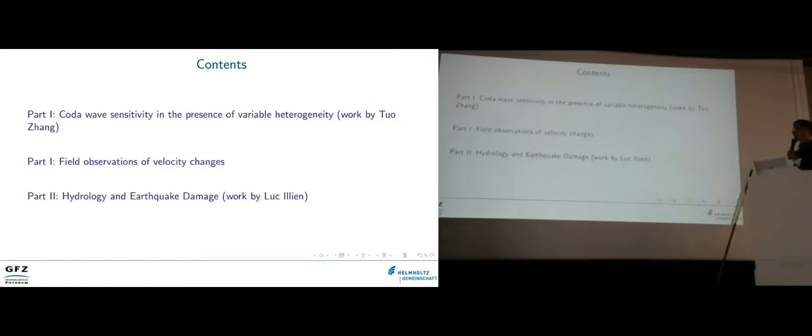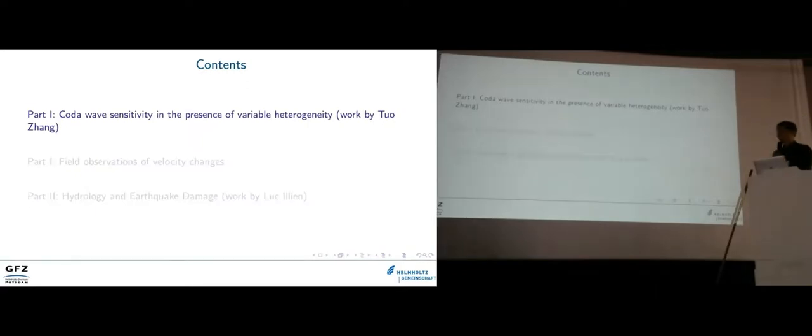And in the third part, I will talk about hydrology. I think that's quite a nice topic because we can really do something useful with our monitoring technique, because water resources are important for all of us. This is work done by Luc Elian, a student I'm working with, and the first part is by Turzang. So let's start with this.